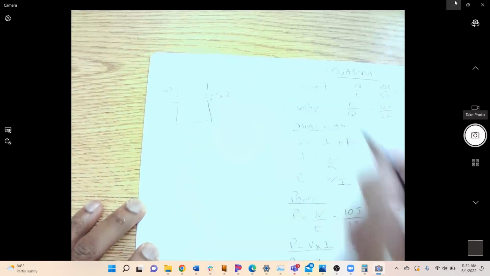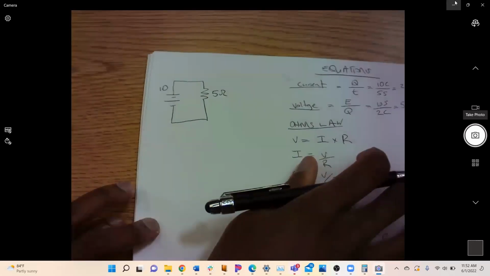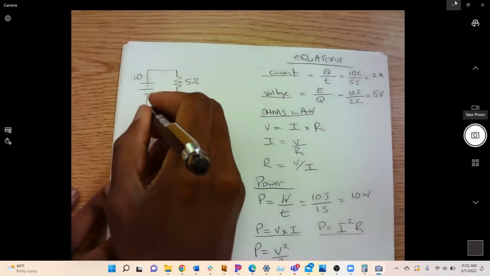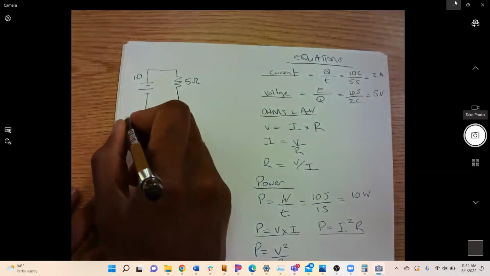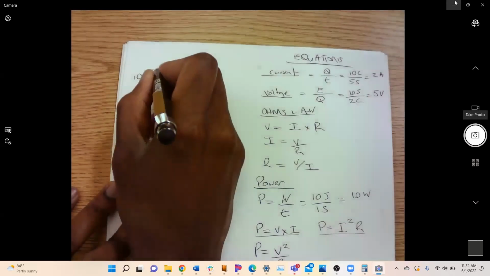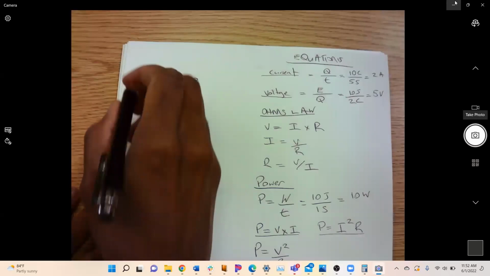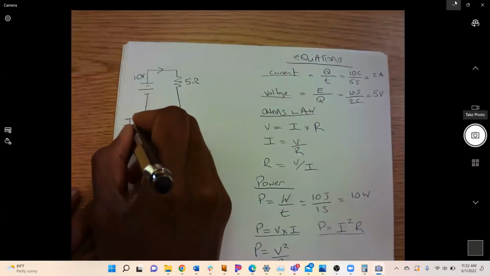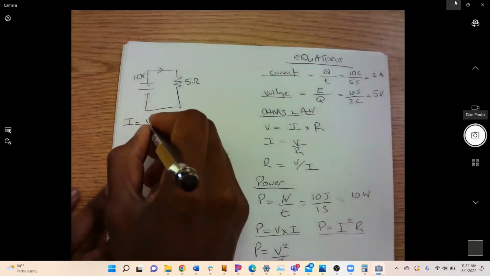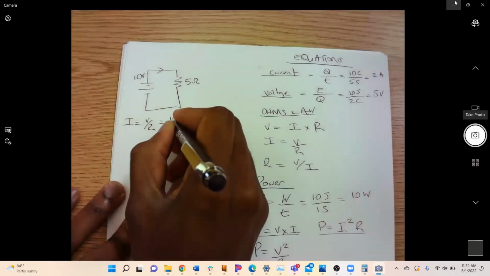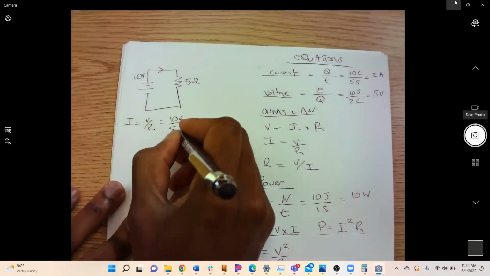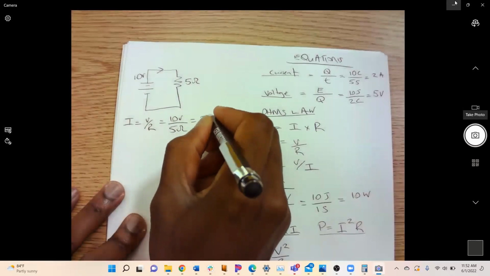So this is our circuit that you were given, and we're told to find the current. What's the current that is flowing? We can use the equation V over R, so current is equal to 10 volts over 5 ohms, which is 2 amperes.